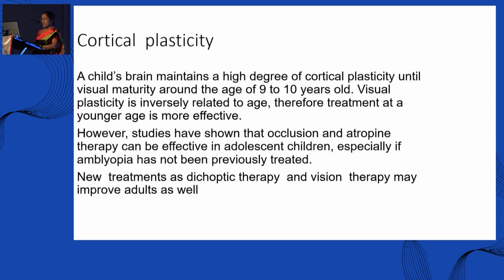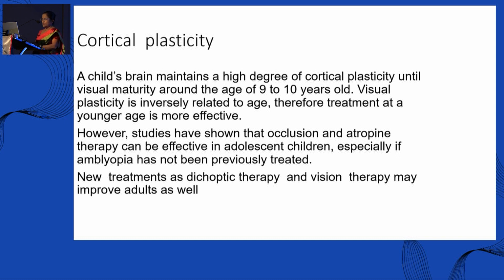Visual plasticity makes it easier to correct the vision loss, and visual plasticity is inversely related to age. Therefore treatment should be at a younger age, and it is more effective if you start the treatment young.